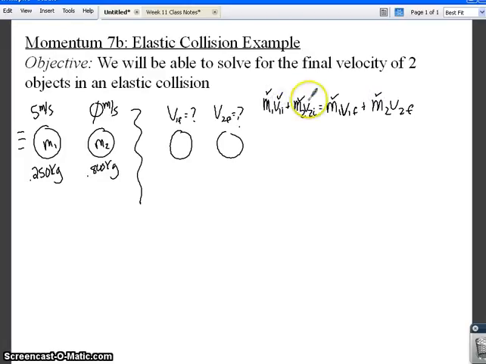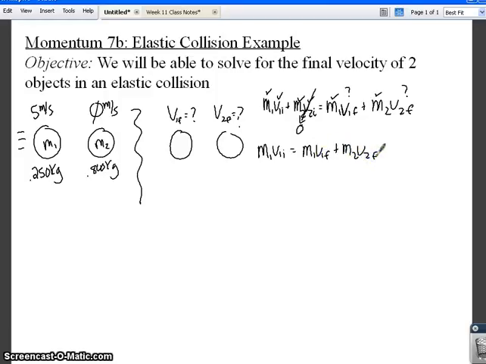We know v1I and we know v2I. And we don't know the final velocities. So therefore we need another equation. But we can first simplify this. We know that this term equals 0 because the initial speed is 0. So our new equation is m1 v1I equals m1 v1f plus m2 v2f.